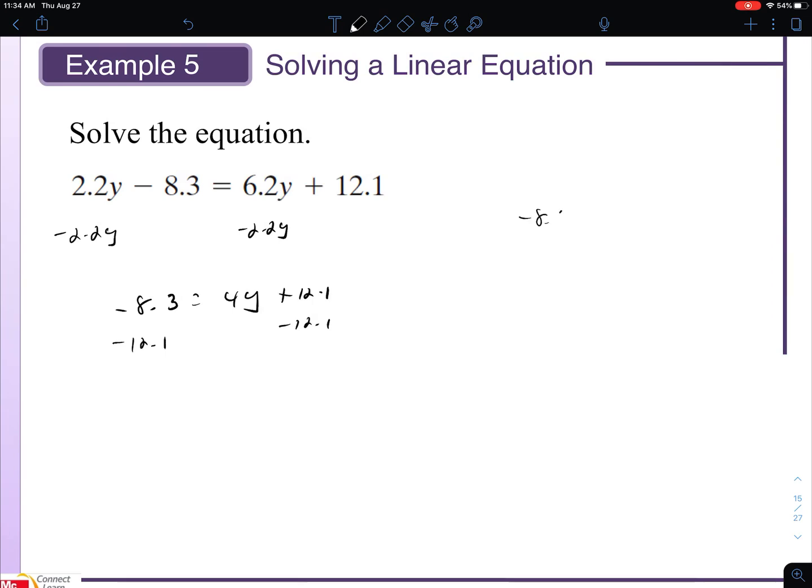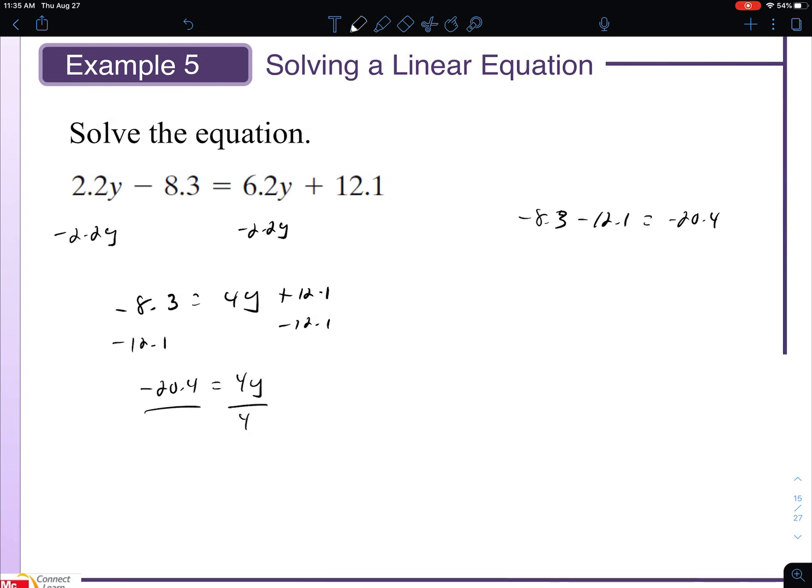So negative 8.3 minus 12.1. This is going to give you negative 20.4. So negative 20.4 is equal to 4y. And I think I know where I made the mistake here.